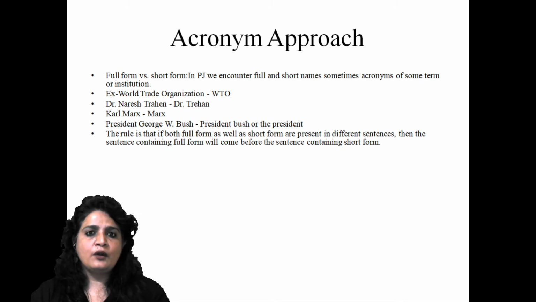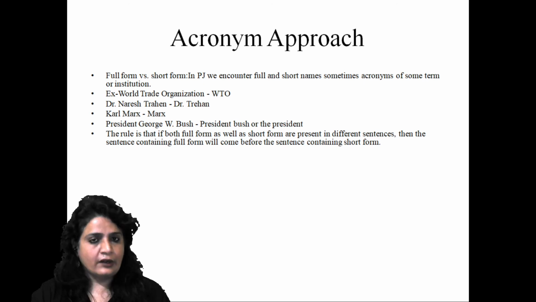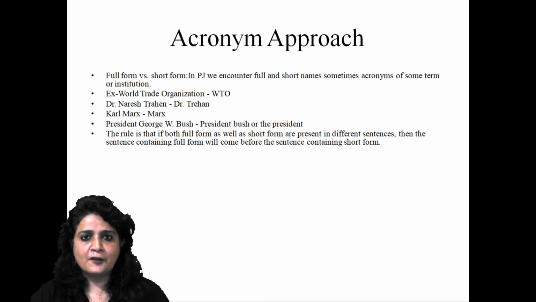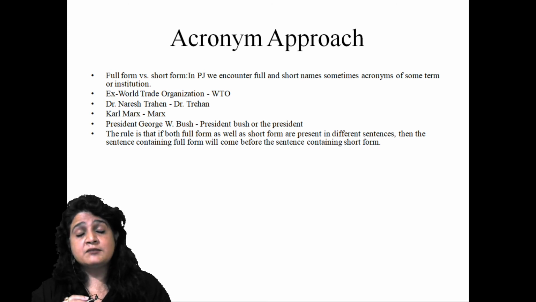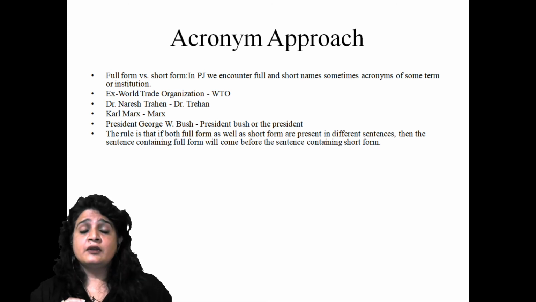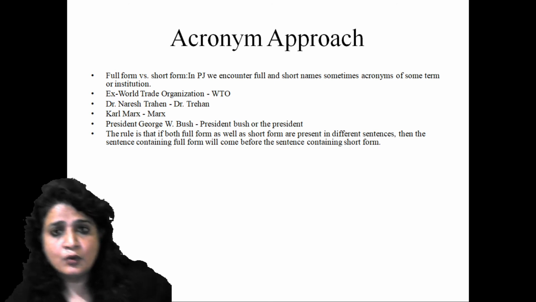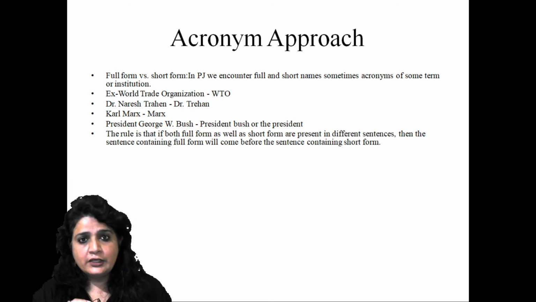Same goes for someone's designation and someone's surname, right? So if a sentence uses Mr. Modi, you do not know who this Mr. Modi is. It could be Lalit Modi, it could be Narendra Modi, it could be Neelam Modi, it could be another Modi, right?